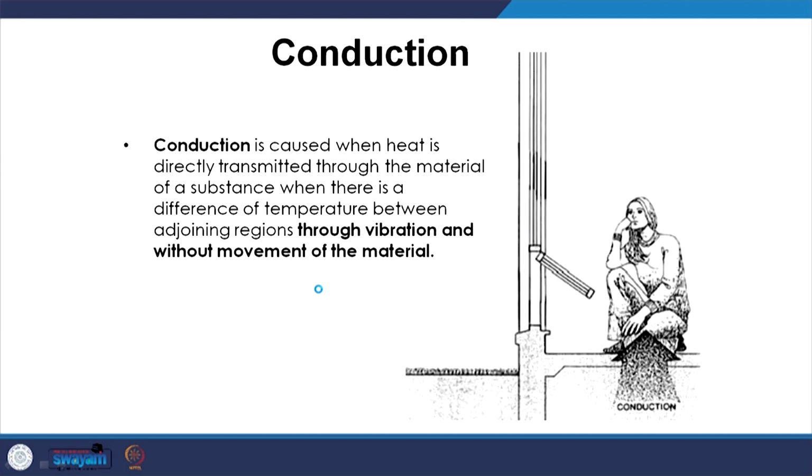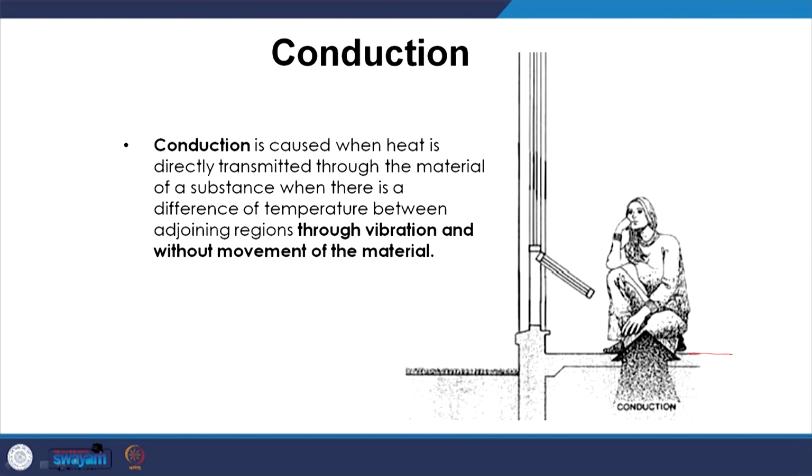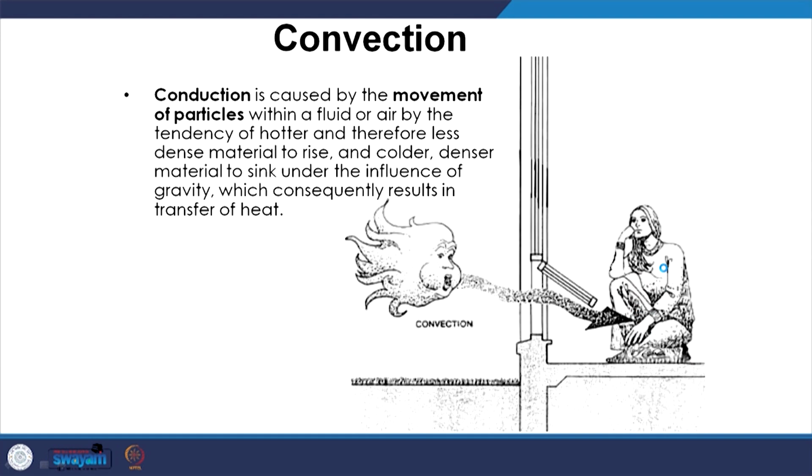First is conduction, where the heat transfer happens through the material of a substance when there is a temperature difference between adjoining regions, through vibration and without movement of that material. All of us clearly understand that when we are in direct touch with a surface, with a body, that is when, without movement of a material, the heat exchange takes place, which is conduction.